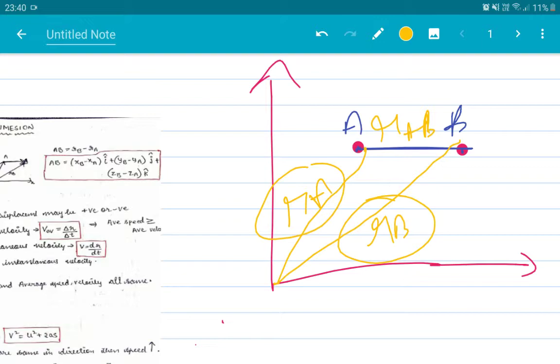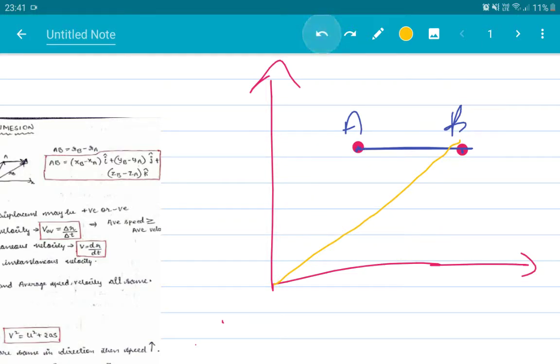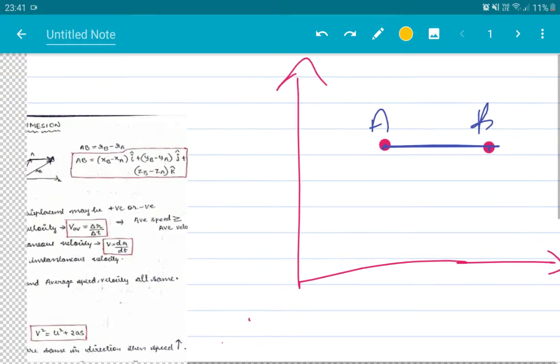Now here I want to say that if you want to find AB, then in vectorial notation we can write it in graphs. Now we have to consider the axes for everything.